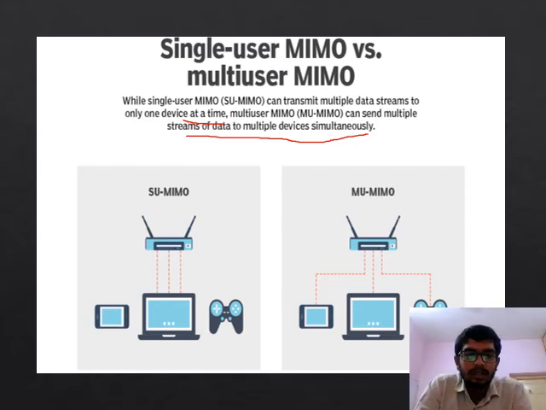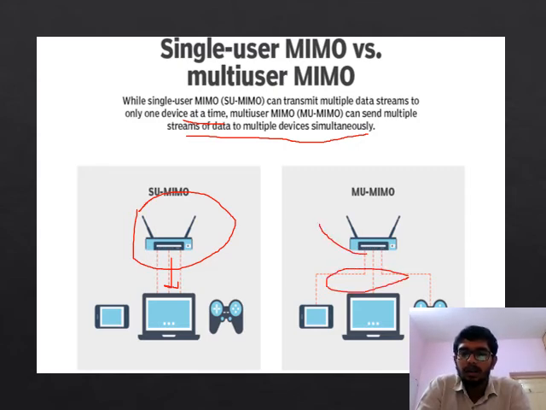In single user MIMO, there is one receiver or antenna that gives a signal only to a laptop. In multi-user MIMO, there are three devices, like a mobile, laptop, and a remote control. They receive a signal from an antenna.